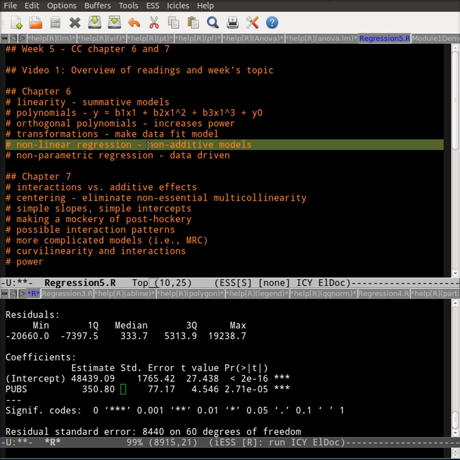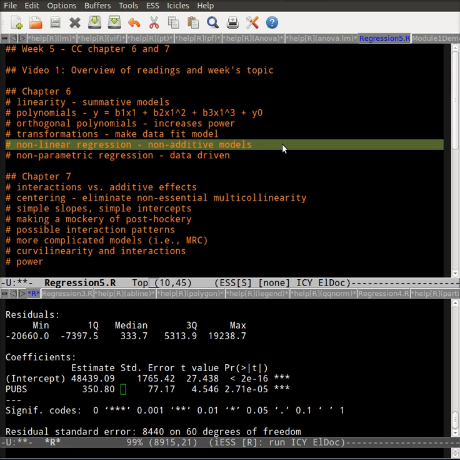But now there are also alternatives to the general linear model, and that we can have non-additive models, that is, non-linear regressions. Now that's different than saying that the polynomial is a non-linear model. It is a linear model because it is inherently additive. So a non-linear regression typically has something like multiple parameters with multiple variables.